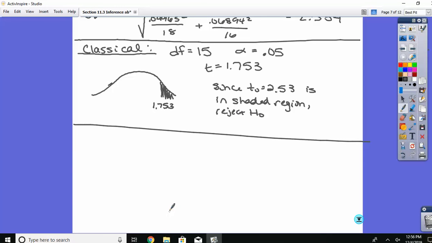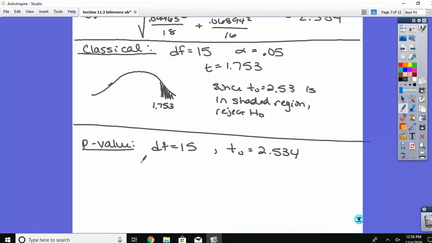P-value approach. So if I want to look at this, we need, based on our degrees of freedom and our t statistic that we found, to go to 15 degrees of freedom, and in that row you want to find the closest to 2.534 that you can.